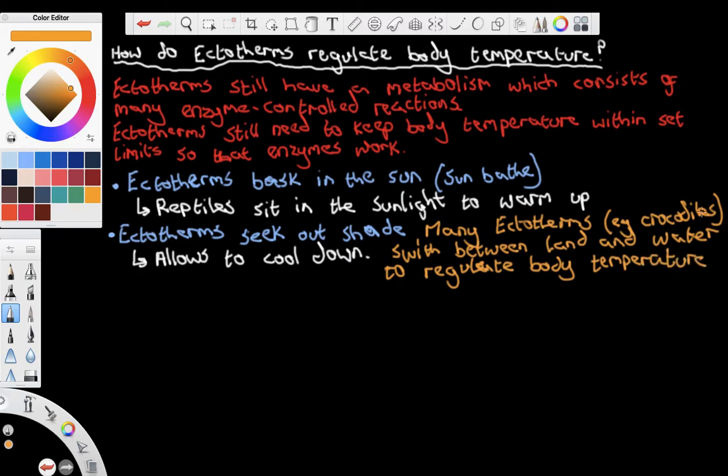So a crocodile, when it's too cold, will stand on the land and bask in the sun, up until a point it starts to get too hot, where it will walk into the water and cool down. And then when it gets too cold, it will walk out the water and stand on the land to warm up. And once it gets too warm, it will go back in the water and cool down. Okay? It's using its environment to regulate its body temperature.